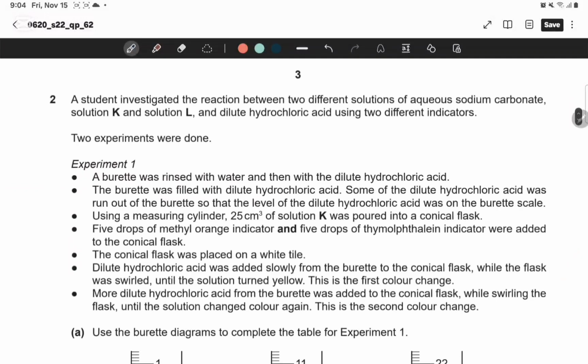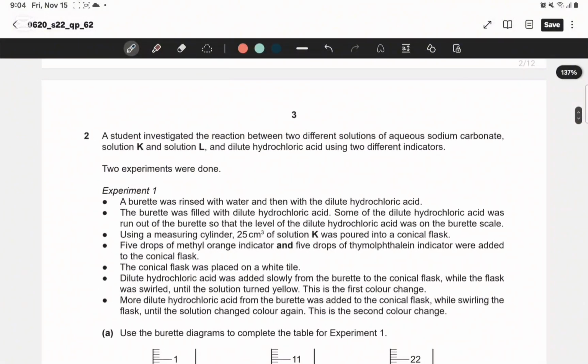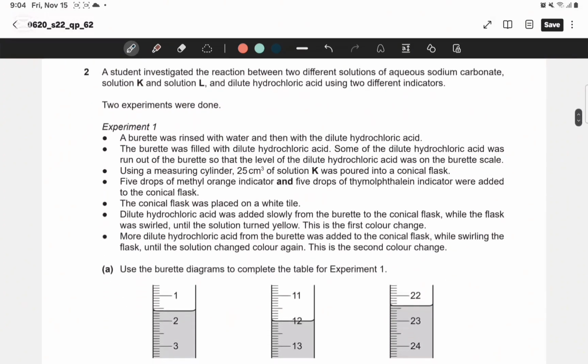Question number 2. A student investigated the reaction between 2 different solutions of aqueous sodium carbonate, solution K and solution L, and dilute hydrochloric acid using 2 different indicators. A burette was rinsed with water and then with dilute hydrochloric acid. The burette was filled with dilute hydrochloric acid.